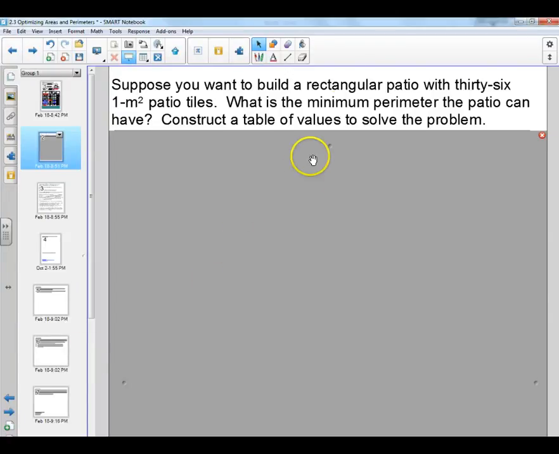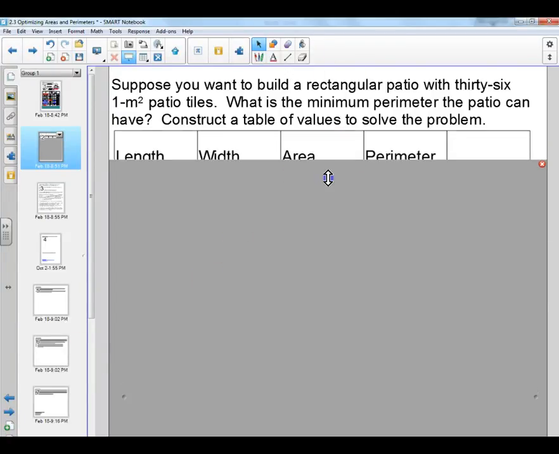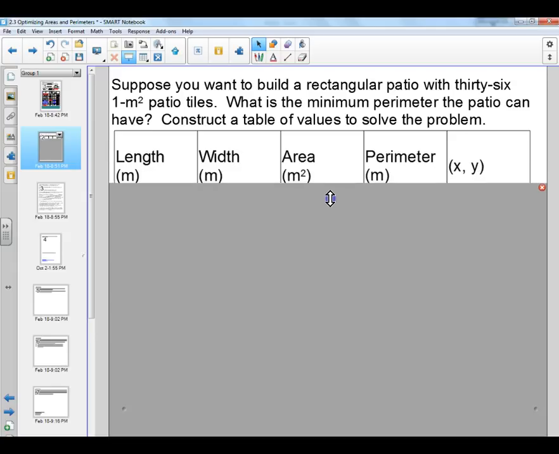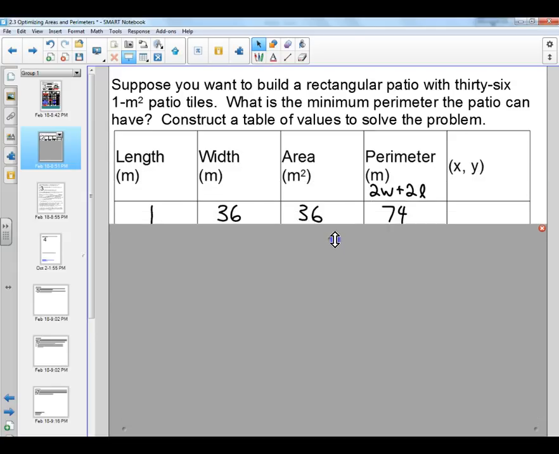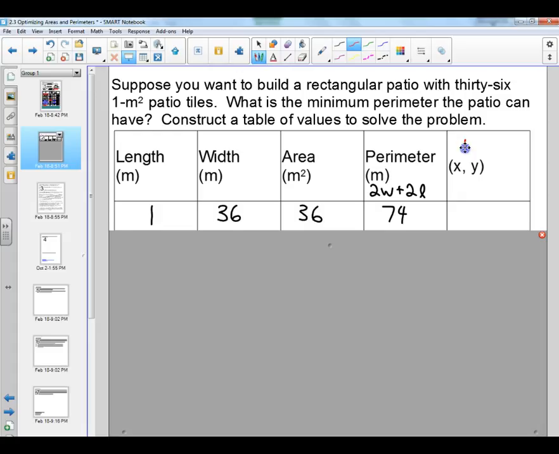So again, here we're working with the rectangle, so our formulas are the same. We have length, width, area, perimeter, and some ordered pairs. If we choose a length of 1, then our patio would have 1 square tile in this direction, and then it would have 36 of them in that direction. So it would be a very long, narrow patio.